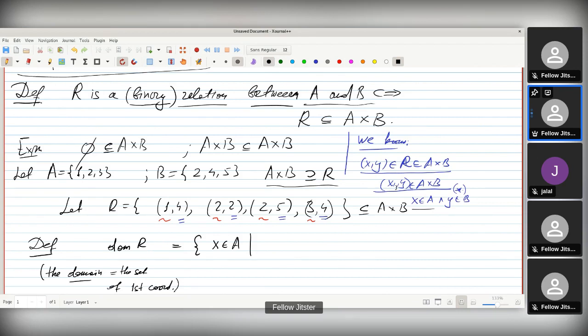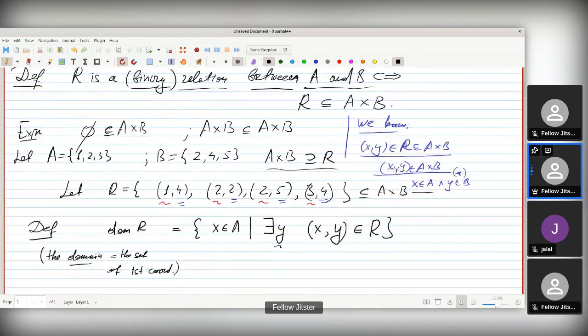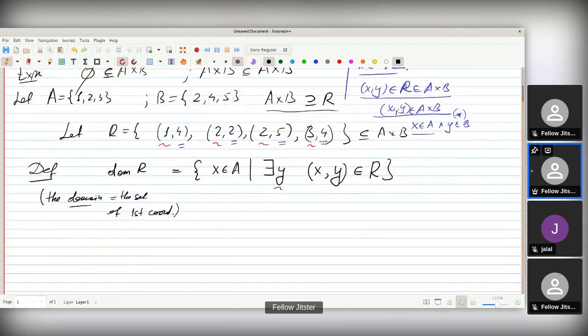But I can put it another way. There exists Y such that the pair whose first coordinate is X and whose second coordinate is Y belongs to R. So our domain is the set of all such elements from A for which a counterpart Y exists, such that the pair (X, Y) belongs to R. Is this idea clear?